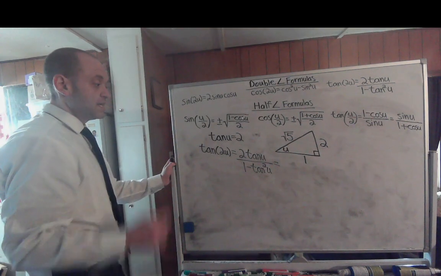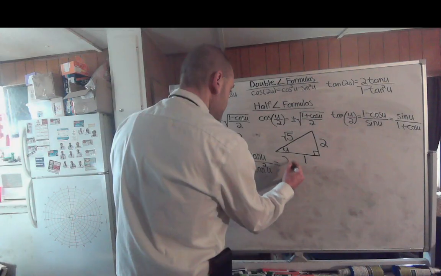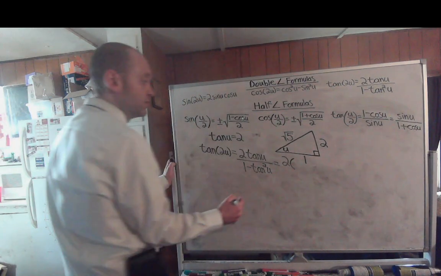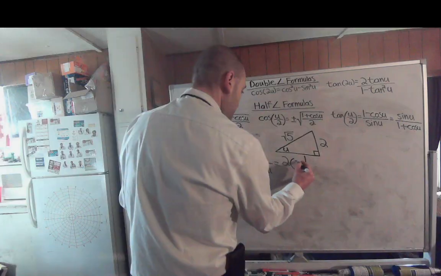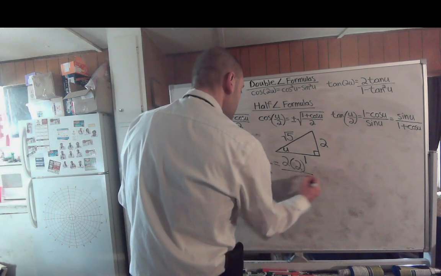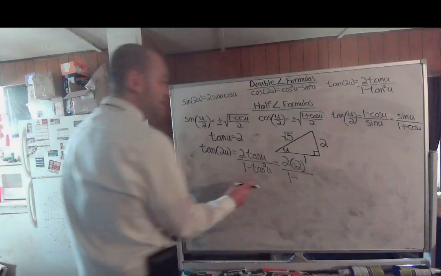Alright, so what is the tangent of u? So this will be 2 times that tangent of u. So that's just 2 all over 1 minus that tangent of u squared.